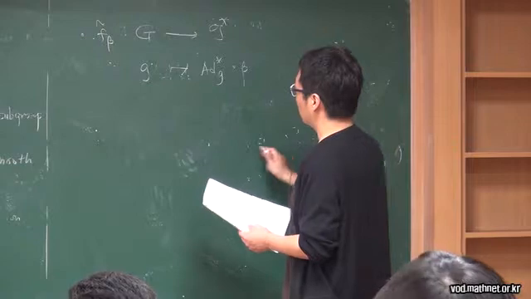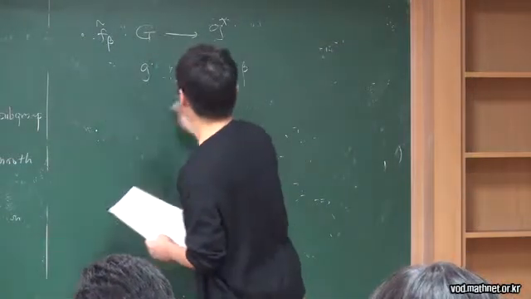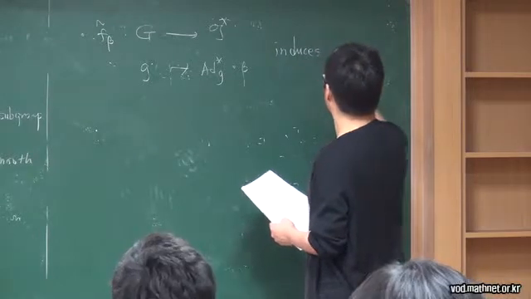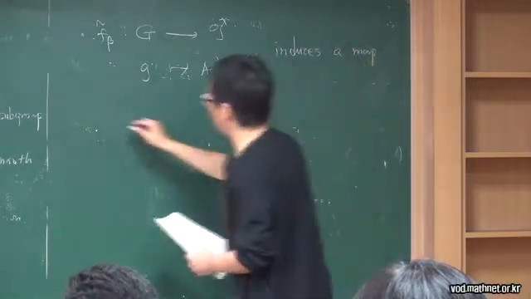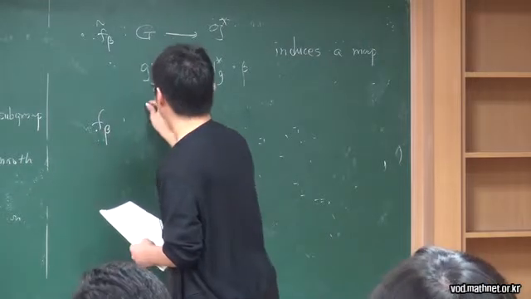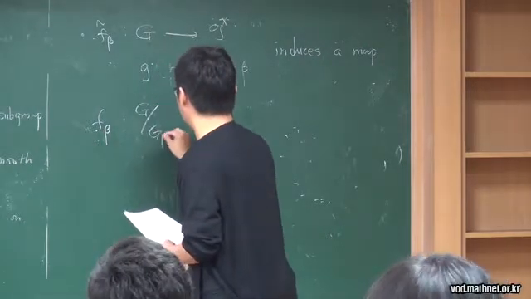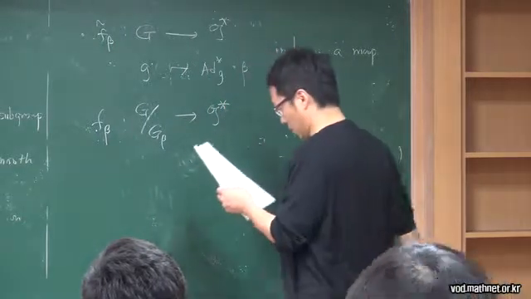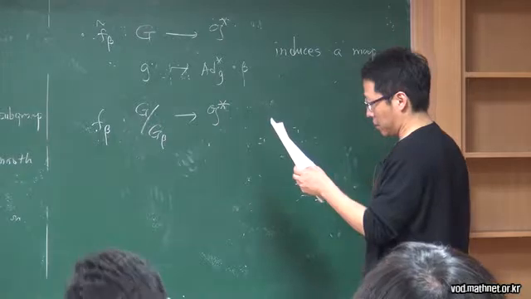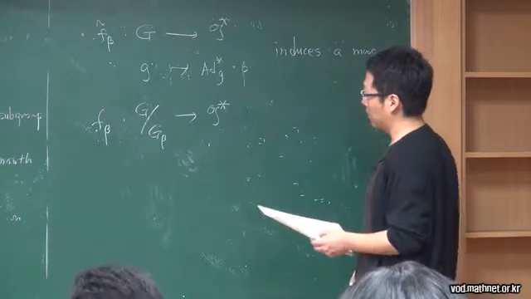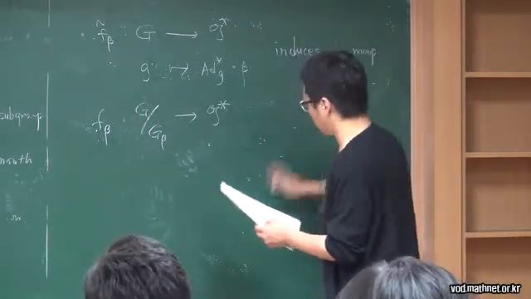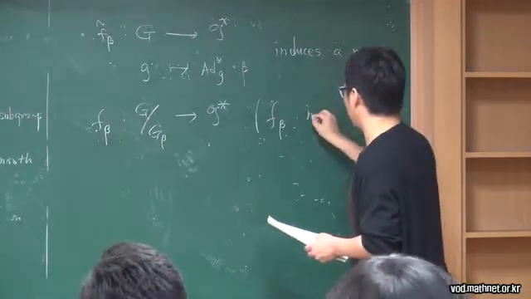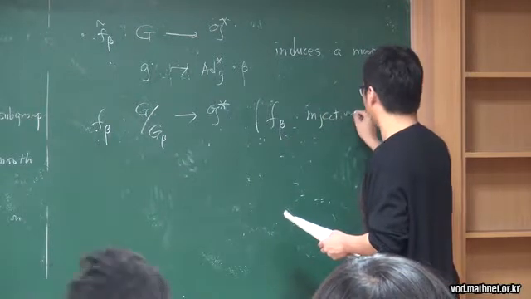So this induces a map F beta, and actually you can prove that this map is an injective immersion.